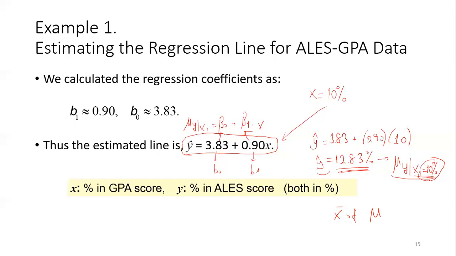If a student whose GPA score is 10% takes the exam and asks, what will be my ALES score, just give me an estimate, then this is your estimate. Later, we will give a confidence interval on this estimate and a prediction interval. So we will make a confidence interval on mu and a prediction interval on a single observation.